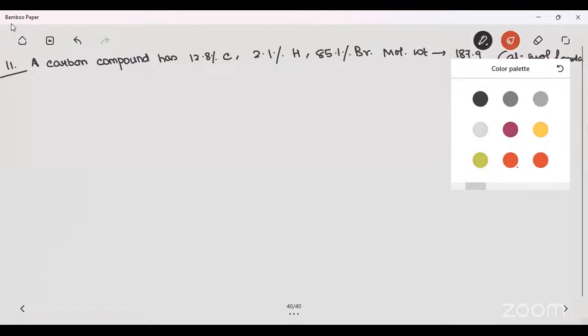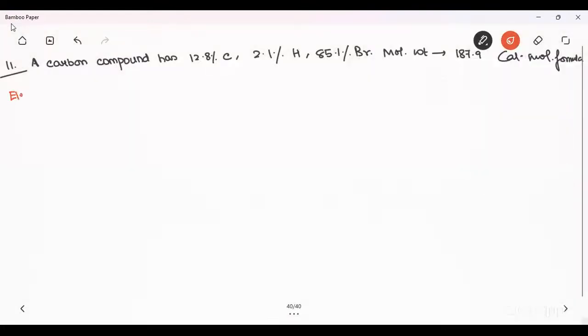It's an element, percentage by weight, percentage divided by atomic weight, divided by the least value. Right? What is the element?